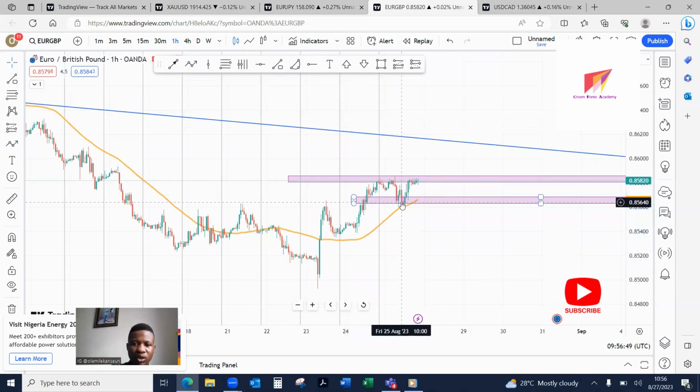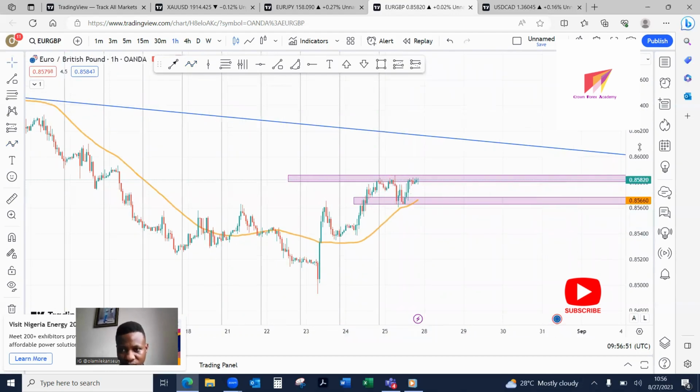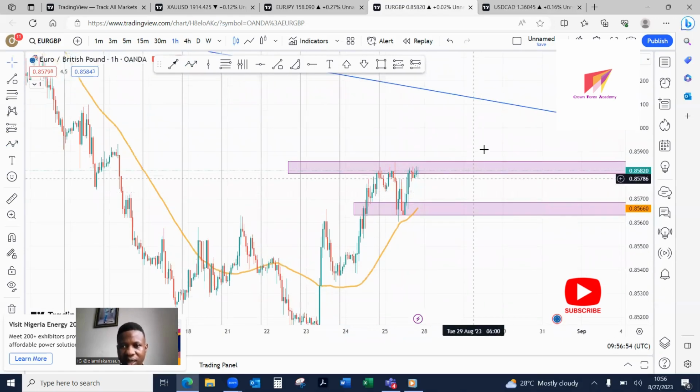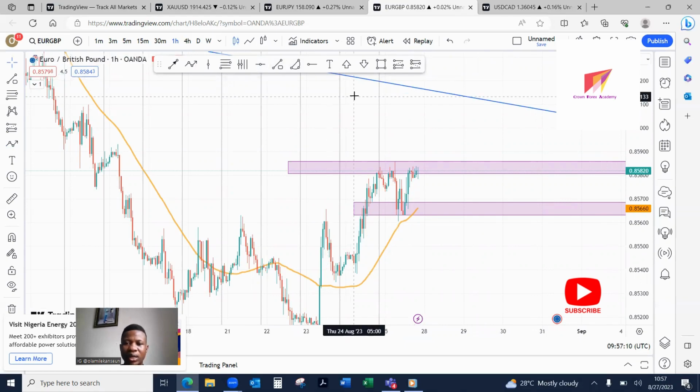So don't be confused. The overall trend is still a downtrend. And you can see that for a reversal to happen, either in a continuation or at the end of the trend, something must happen.